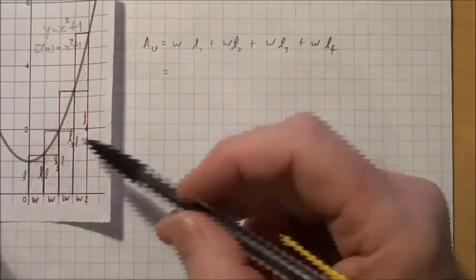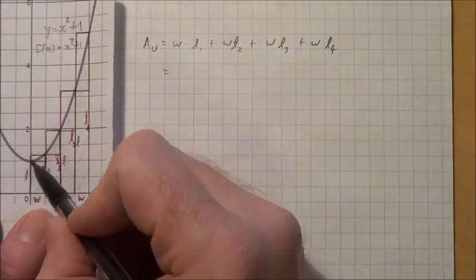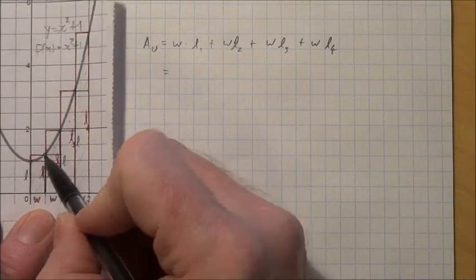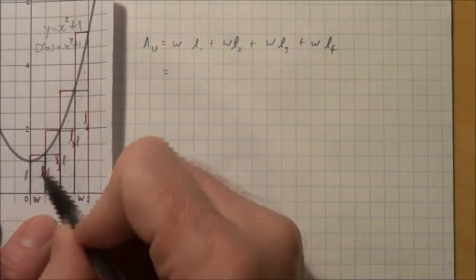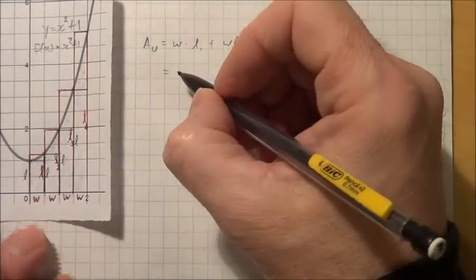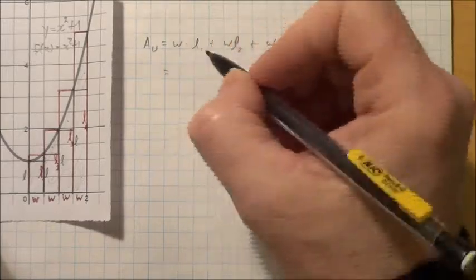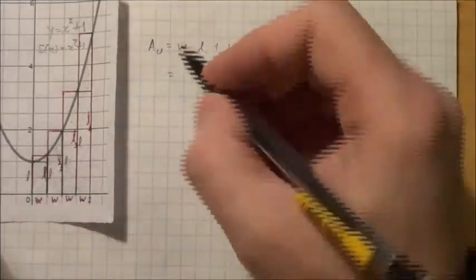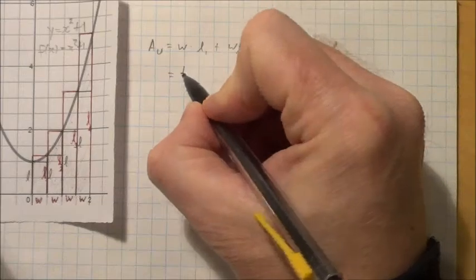Now the length of each of these rectangular strips is the function on the right side of the strip. So it's going to be again w times x squared plus 1, but I'm just going to put in the values now. So you've seen this done once.